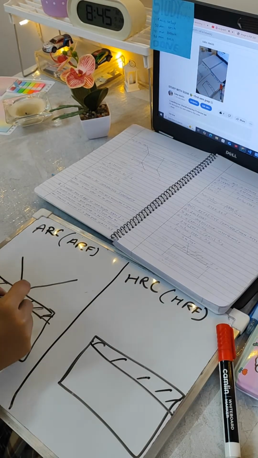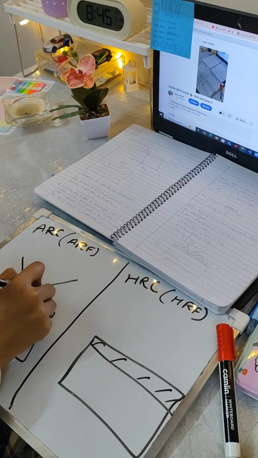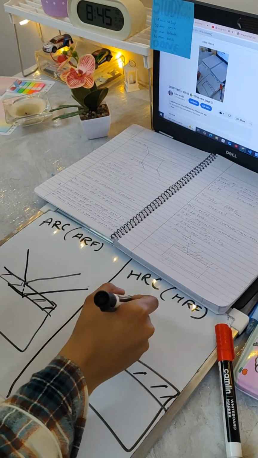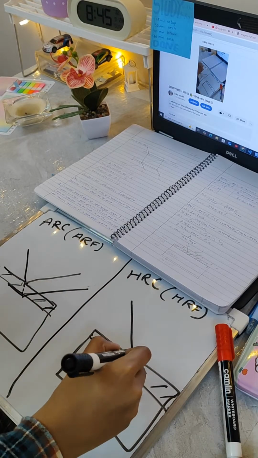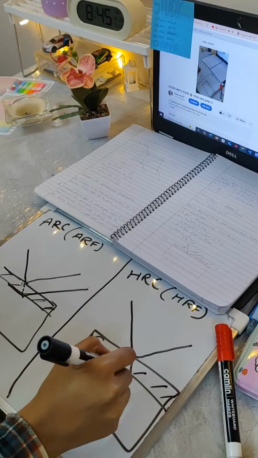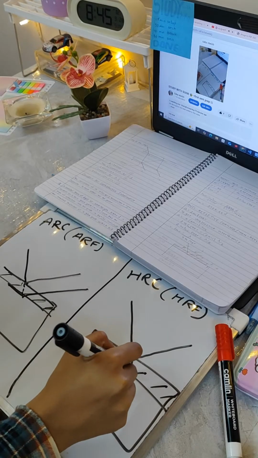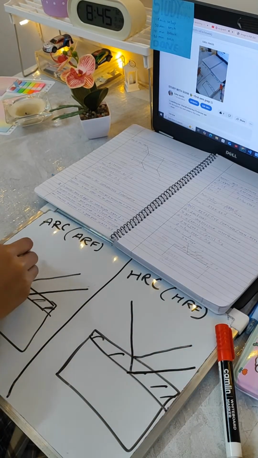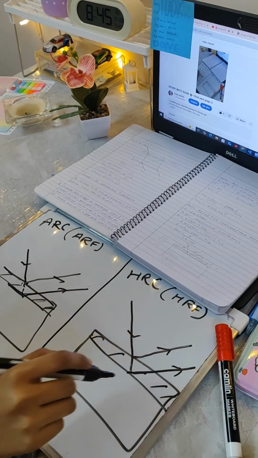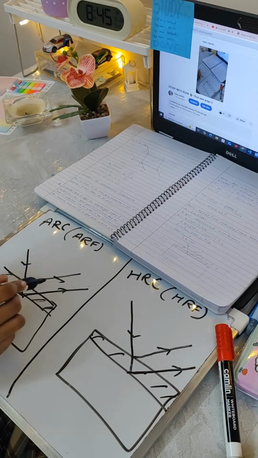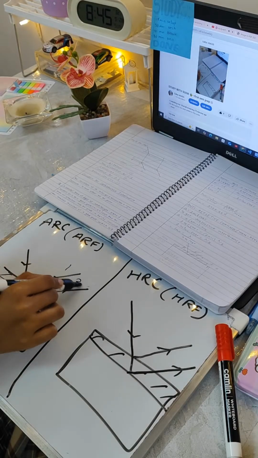Some of it gets transmitted and the other part gets reflected. Same thing over here. Light comes in, it gets reflected over here, it gets refracted here and then again reflected. Putting in the arrows and naming: 1, 2, 1, 2.